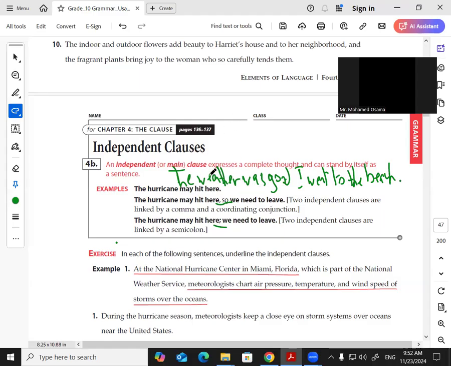Perfect. Here we have two independent clauses. The weather was good. Then I went to the beach.